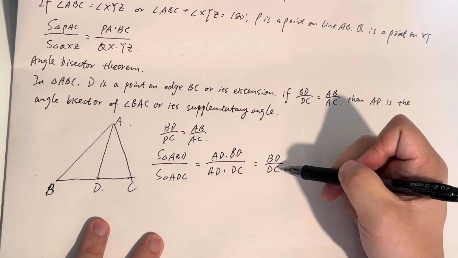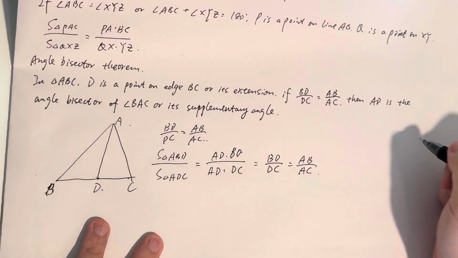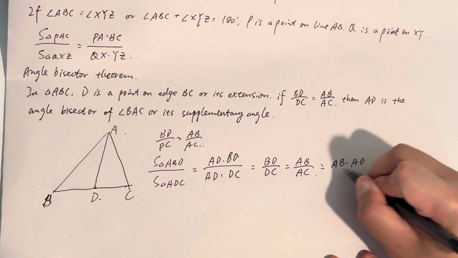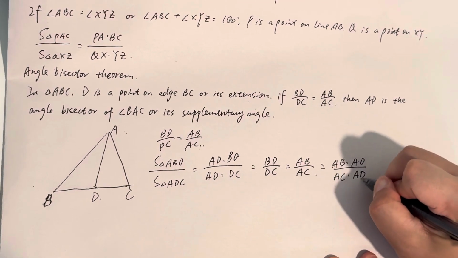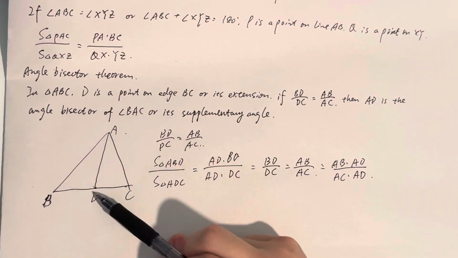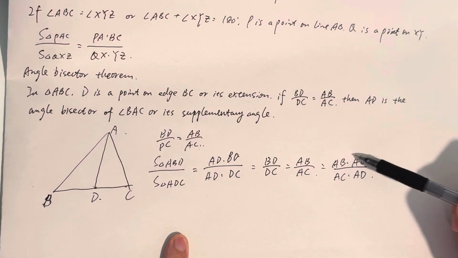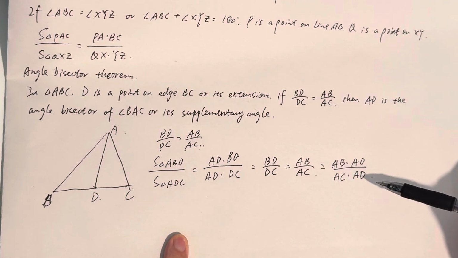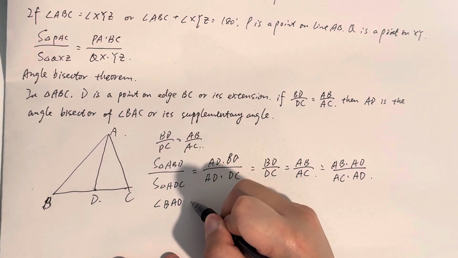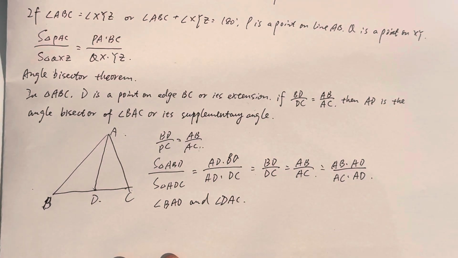And we already know that BD to DC equals AB to AC, which means we can translate it to AB times AD to AC times AD, right? That means for triangle ABD and triangle ADC, we have the ratio AB times AD to AC times AD, which means that angle BAD and angle DAC are either equal or supplementary, right?